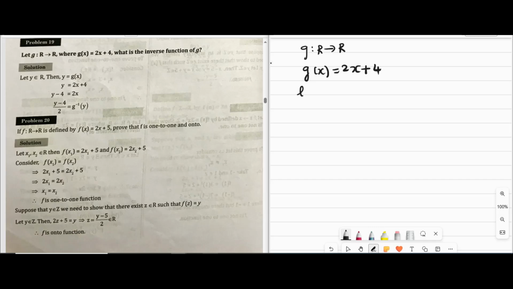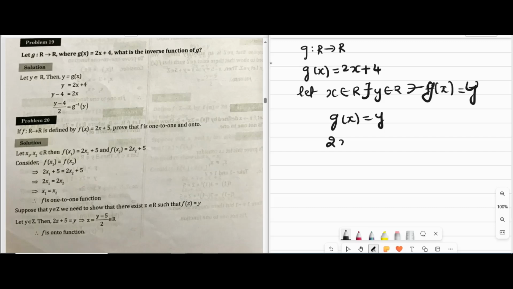So let x belongs to R. There exists y belongs to R such that f of x equals y. Here we have g, so we'll take g of x equals y.